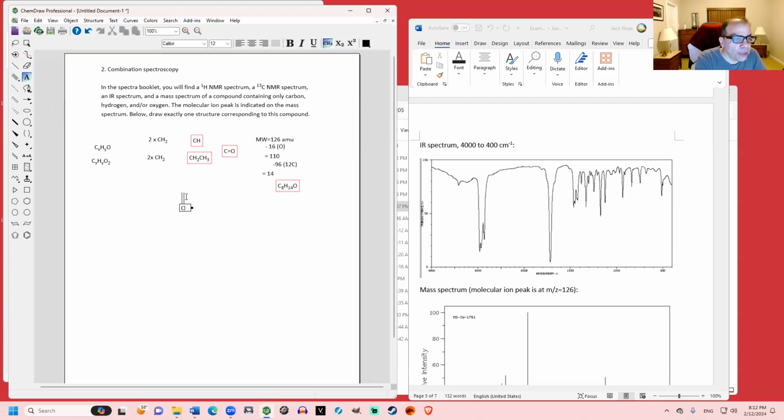So C double bond O is 1 piece. And we know we have to have two equivalent CH2s. So maybe they're on opposite sides of the carbonyl.